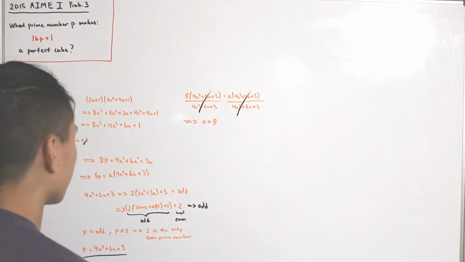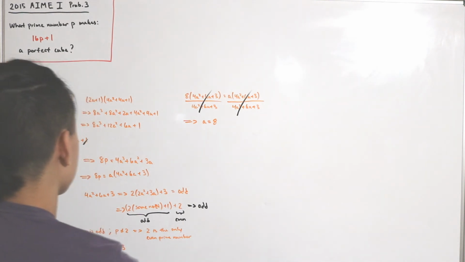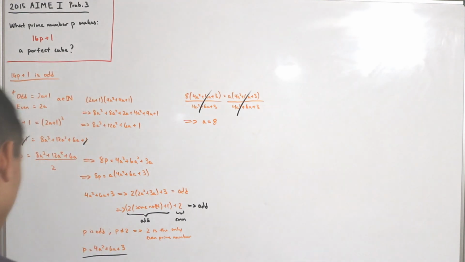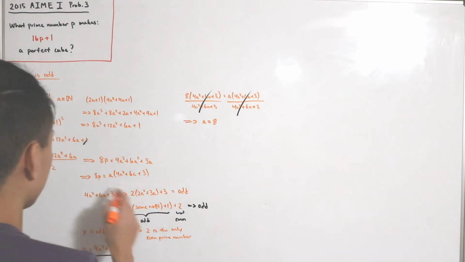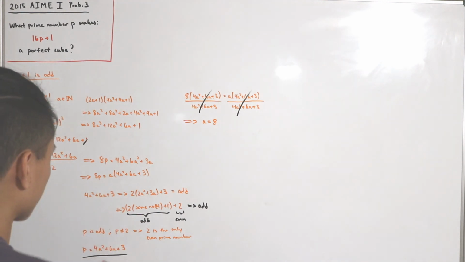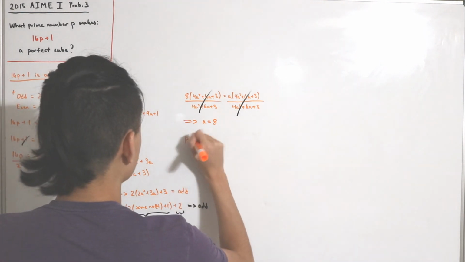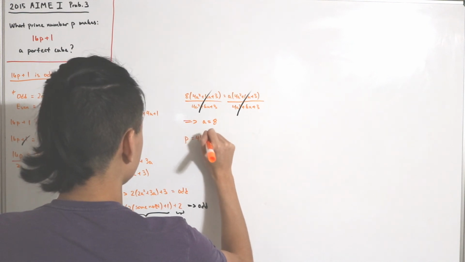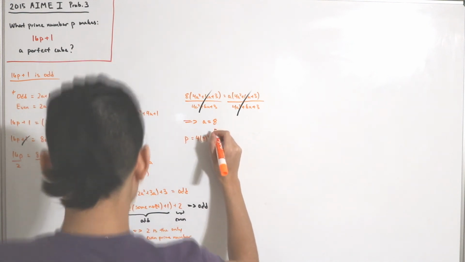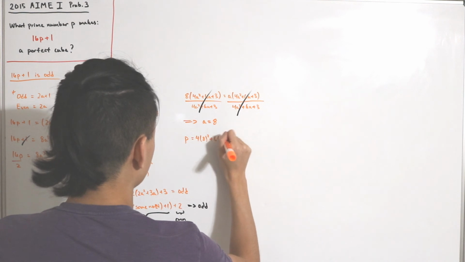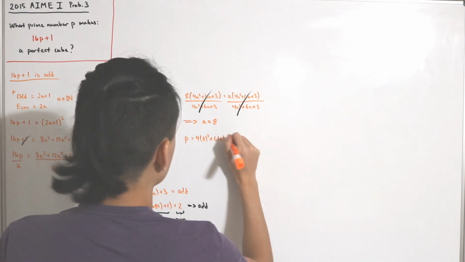Now that we've found our value for a, let's actually do the calculations. So p is 4a squared plus 6a plus 3. We plug in: p equals 4 times 8 squared plus 6 times 8, and then add 3.